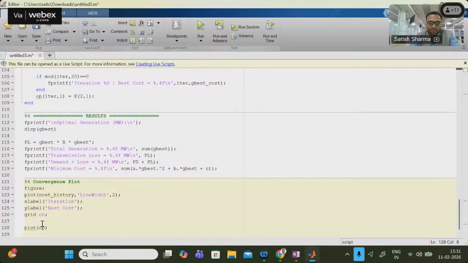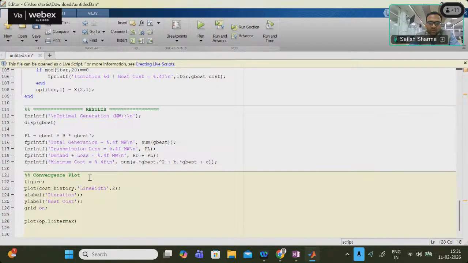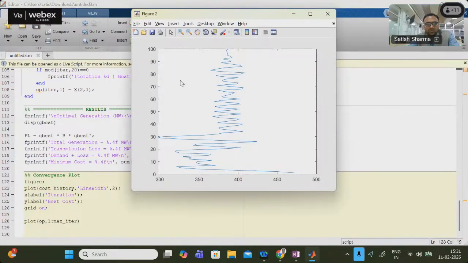1 to iteration max. I think that is the term, right? Max underscore iteration. Well, let's see. Yeah.